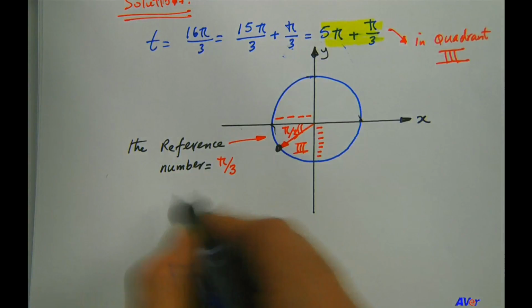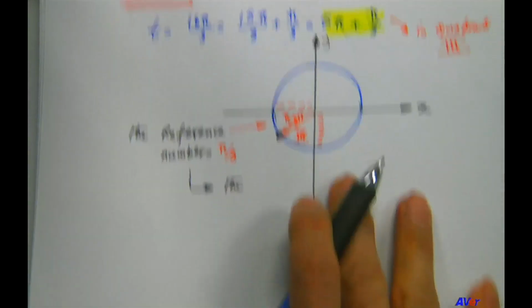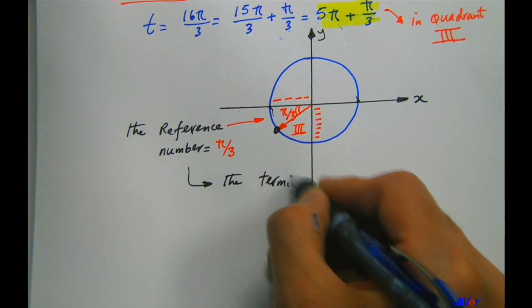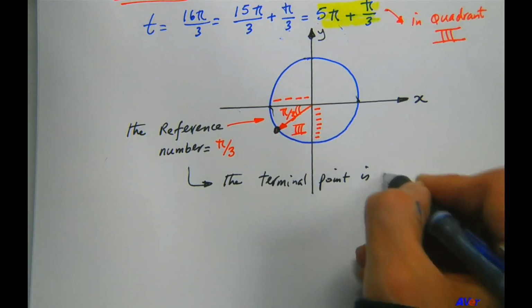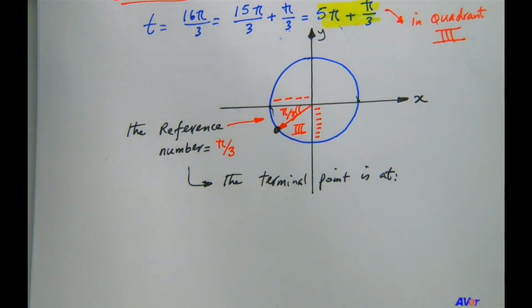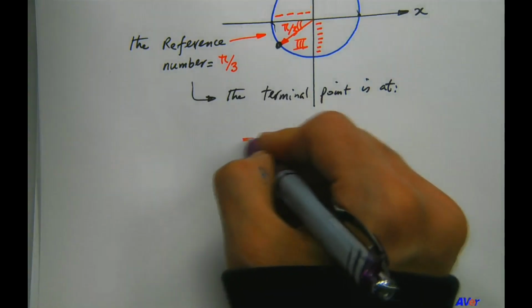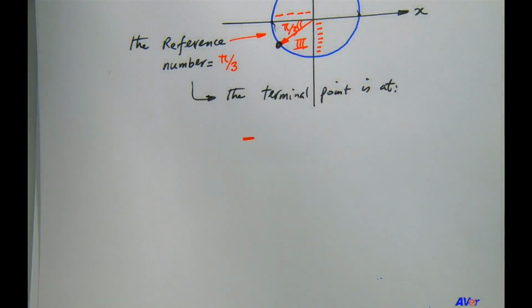So, therefore, the terminal point is at, and I want to use a different color, red preferably, to make this stand out because this is critical.